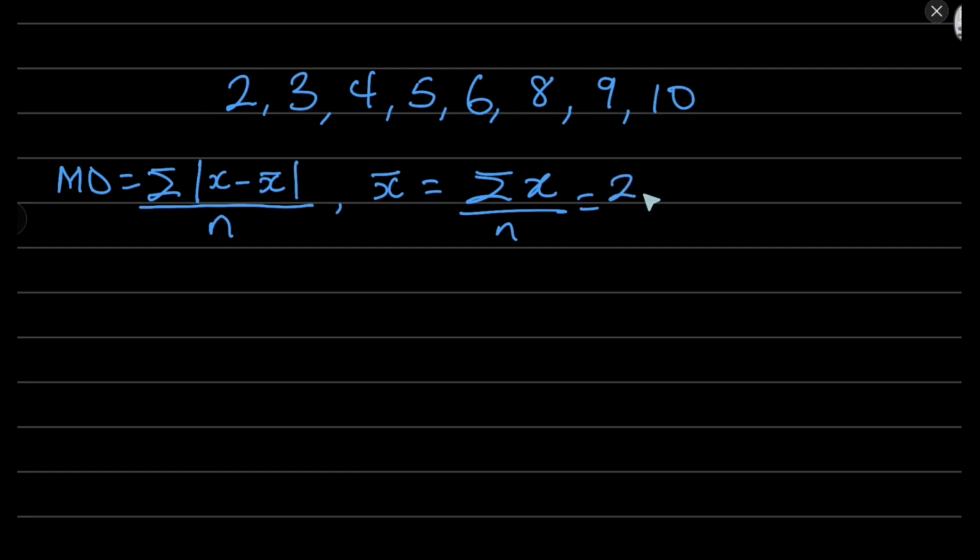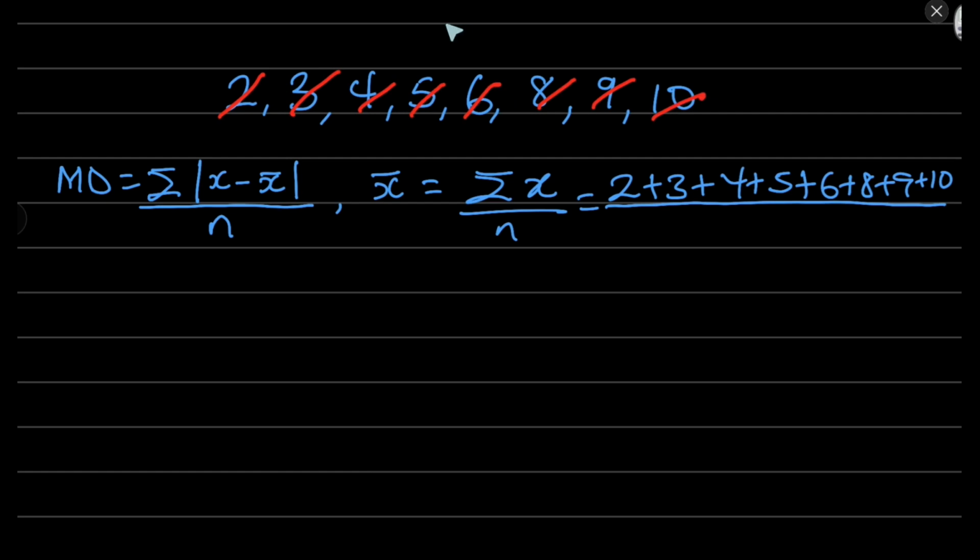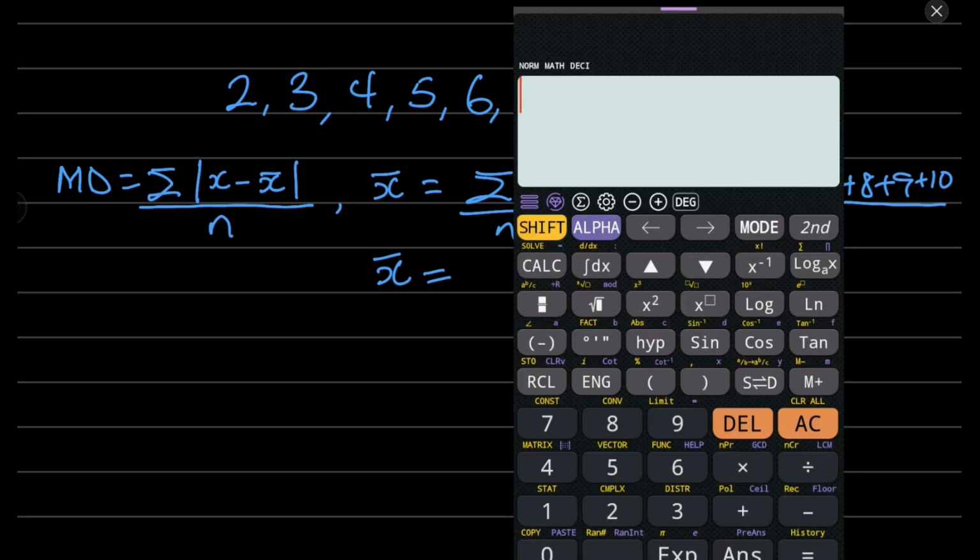So we just take 2 plus 3 plus 4 plus 5 plus 6 plus 8 plus 9 plus 10, all divided by the number of data points you have: 1, 2, 3, 4, 5, 6, 7, 8. So we have 8 data values. Your x bar is, then we can always bring up the calculator.